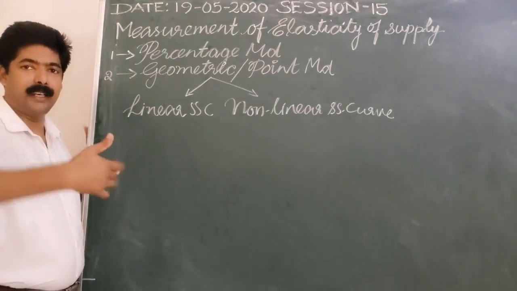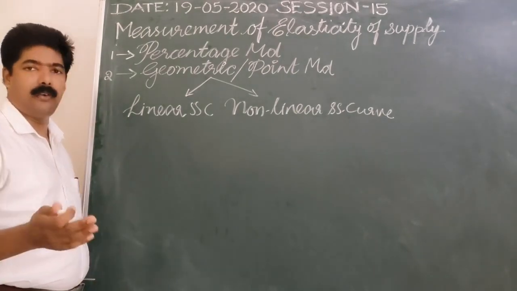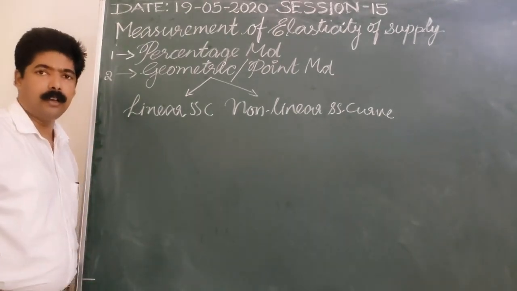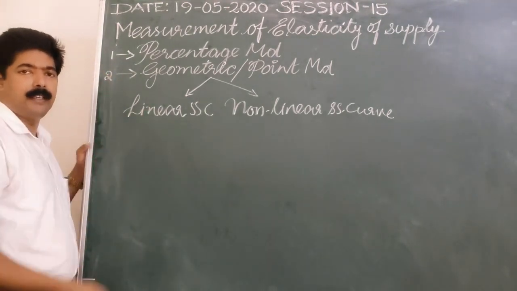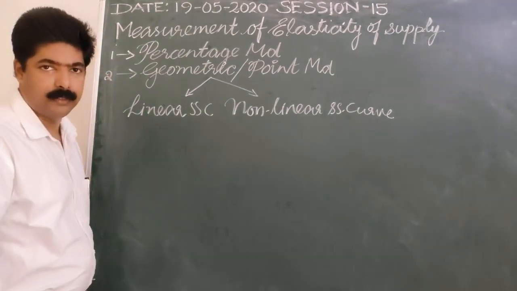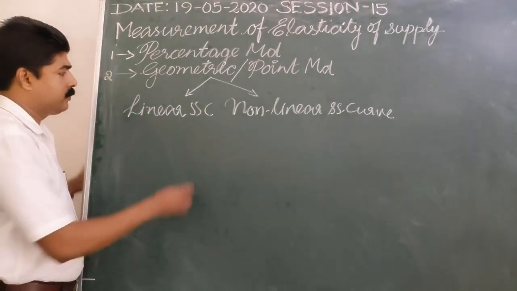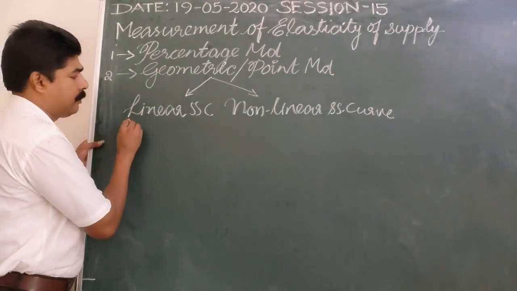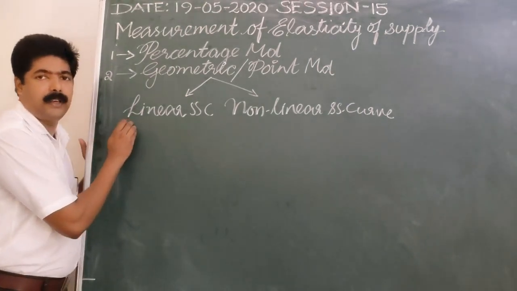These are the different degrees of price elasticity we have been discussing in the previous classes, as well as the measurement of elasticity of supply. And today we will see by the geometric method how we calculate the different values.